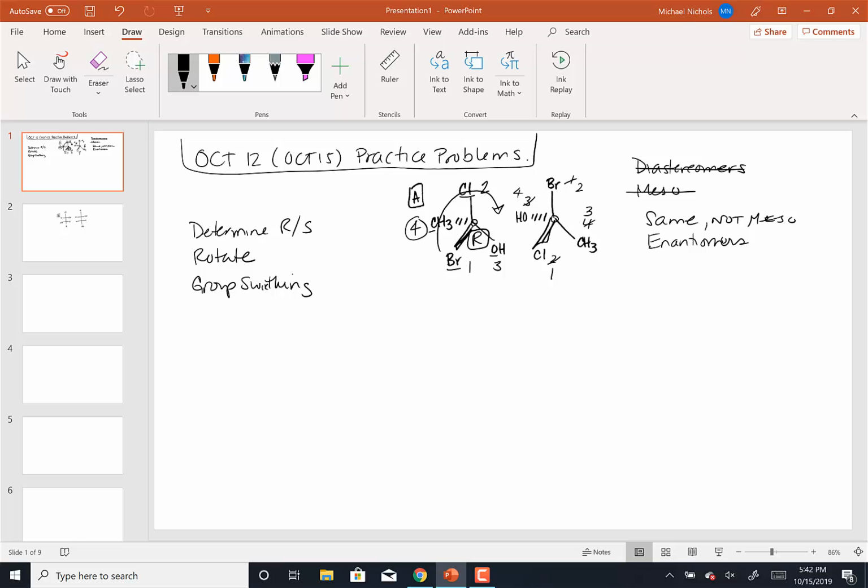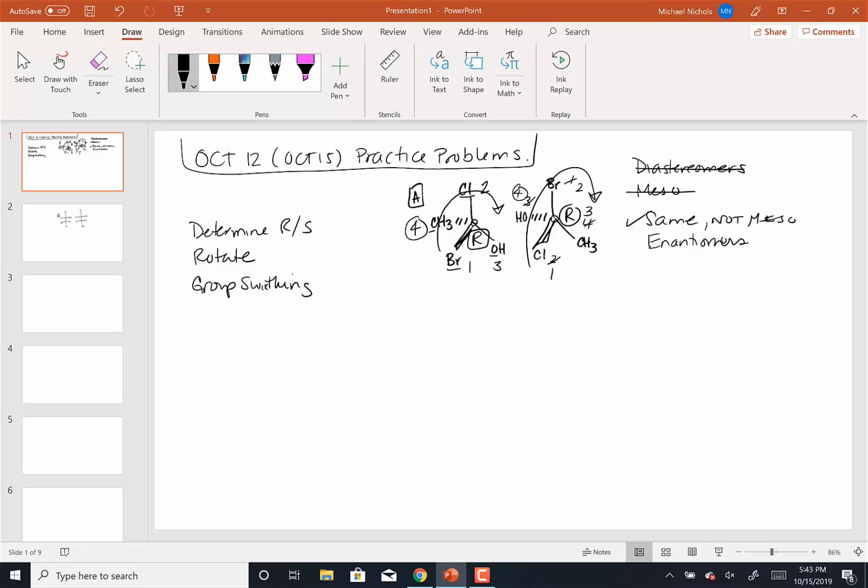In essence, I've rotated the molecule. Once 4 is away from me on the dashed wedge, which is the goal of group switching, then going from number 1 to number 2 to number 3 is also clockwise. So both of these molecules have the same configuration, R. That makes them the same, and they're not meso.